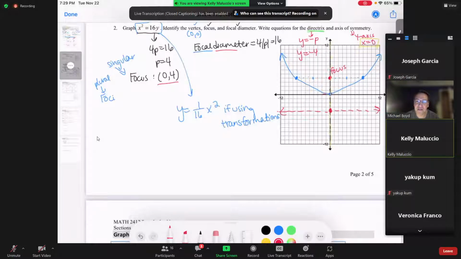The directrix is a fixed line, and any point on the parabola is equidistant from it and the focus. So basically, if I pick any point and calculate the distance to the directrix and to the focus point, all these distances are going to be equal. That's cool. Interesting. That's what it represents.